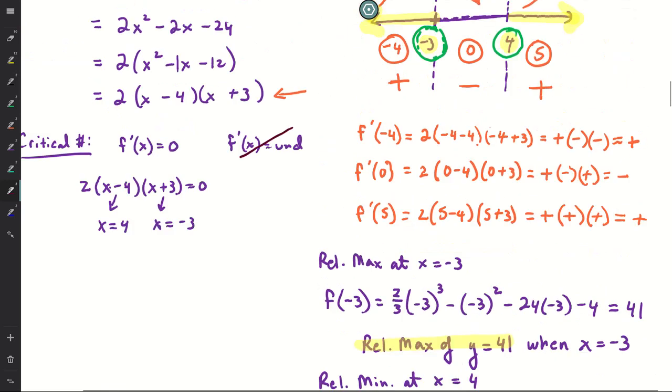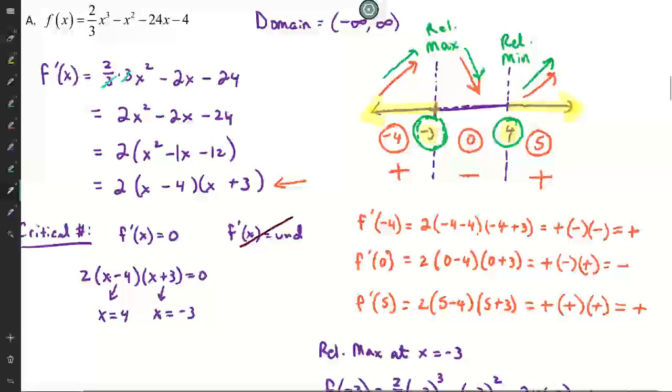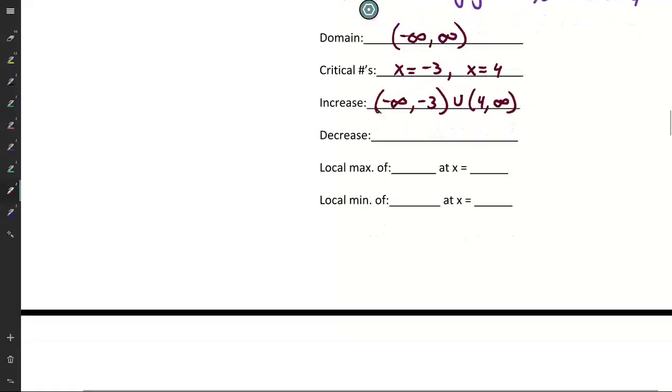And then decreasing, we can see that we were decreasing on the interval between negative 3 and 4, since the derivative was negative. So negative 3 to 4. Once again, all of those are open intervals. And then local max of, I believe we said 41 was the y value, and that was at x equals negative 3.